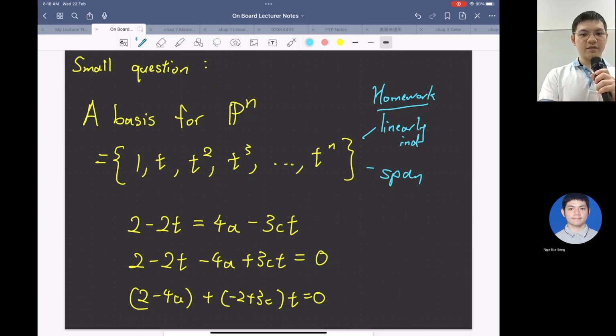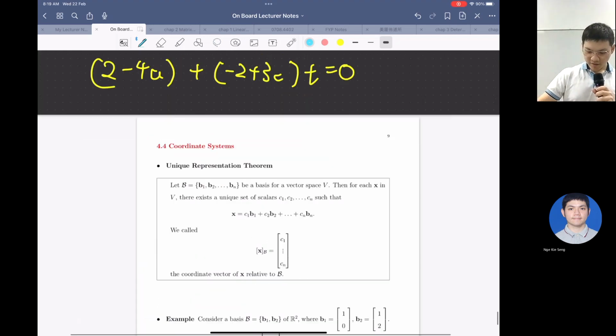But later we will learn the new stuff, and then we can use that tool to help us see why they form a basis. Does everyone get it? Any question? No? Okay.